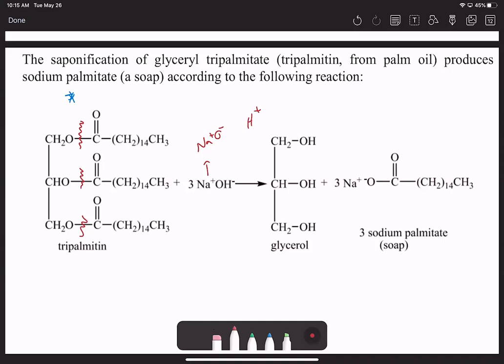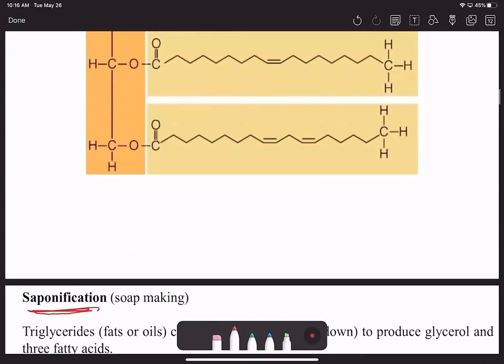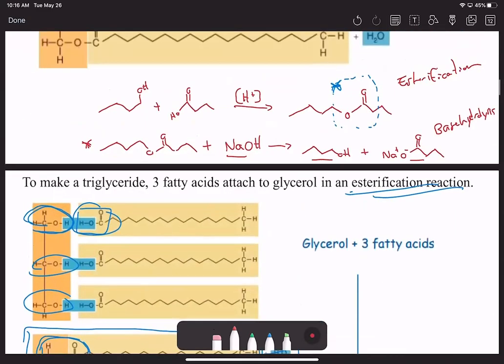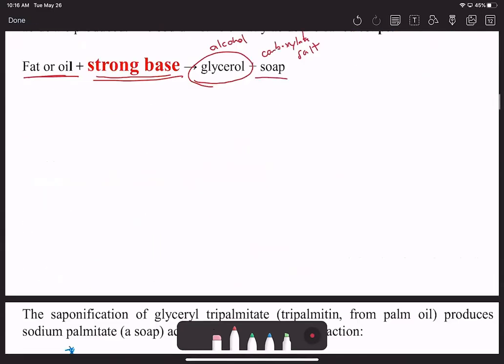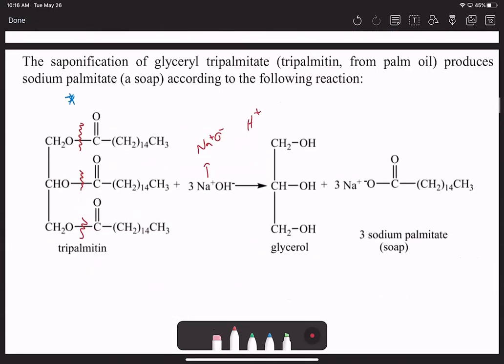Well, if we remember anything about base hydrolysis, let's go back to base hydrolysis. I'm going to get an alcohol plus a carboxylate salt. This is where we get our alcohol, our glycerol.